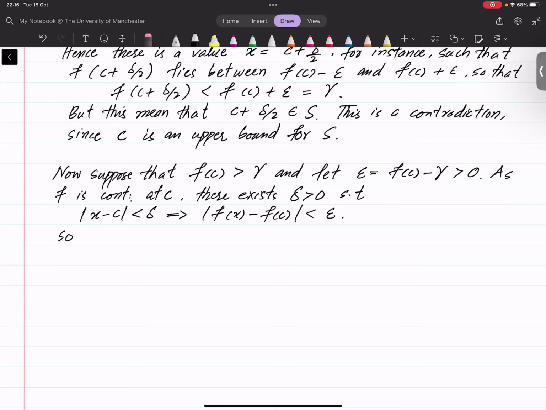So whenever c minus delta is less than x, which is less than or equal to c, we have f of x is greater than f of c minus epsilon, which is gamma.